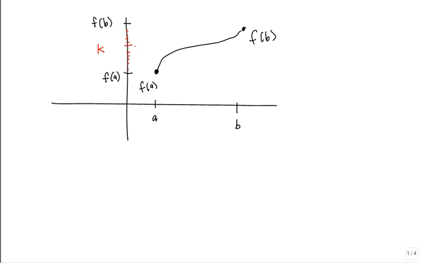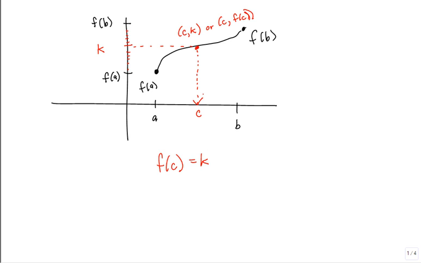Let's pick that one. And we come across, and since f is continuous, there's no breaks, it has to connect, and there has to be a value down here, which we call c. So this point is c, k, or c, f of c.